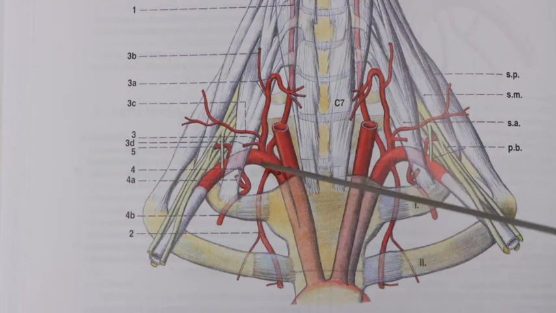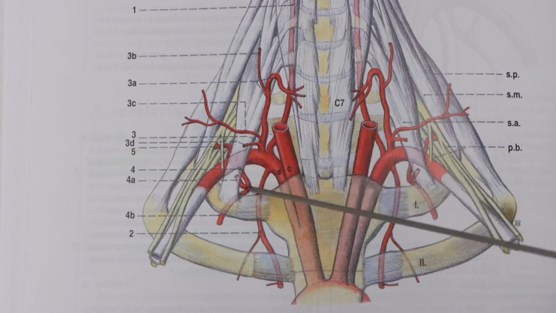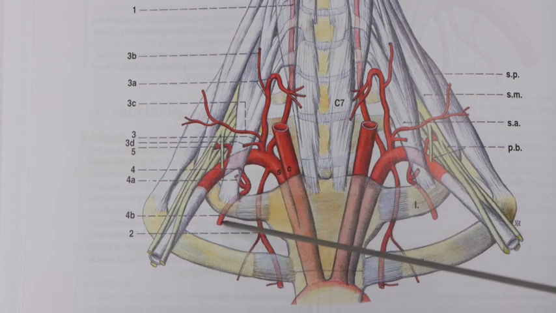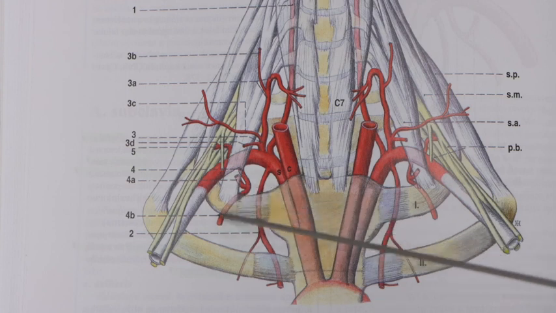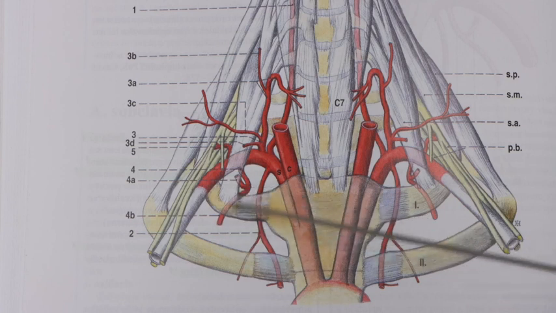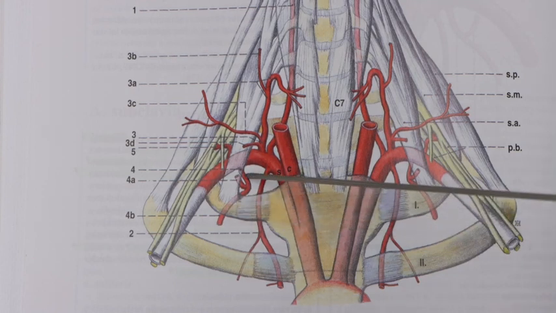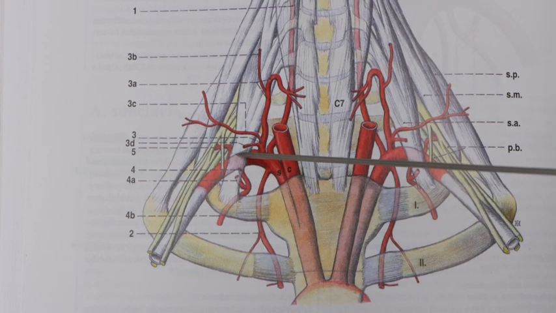Another branch, which is the one we are concerned about, is called the highest intercostal artery, or intercostalis suprema.